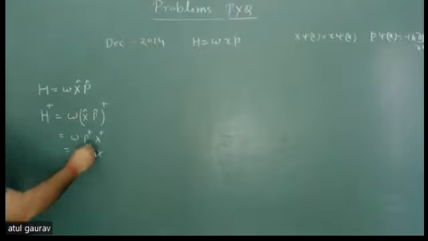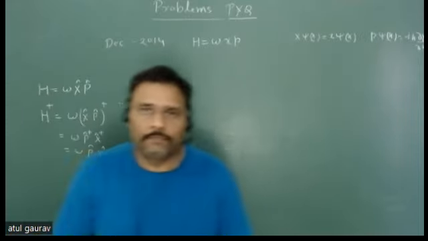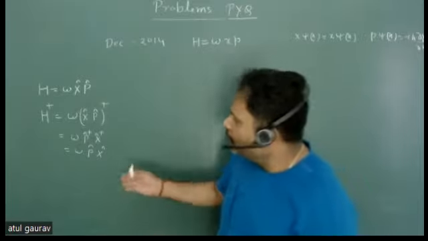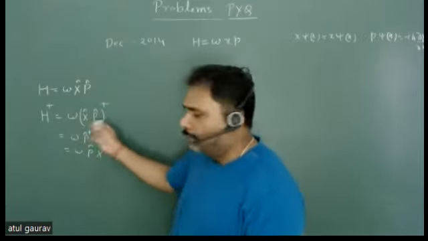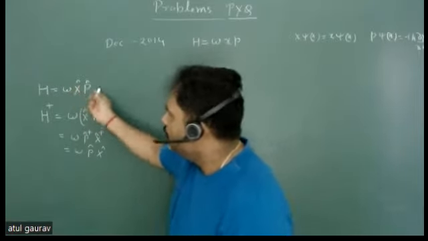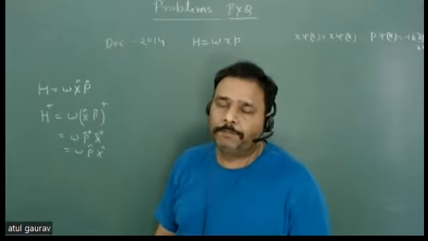But the most important part is that xp is not equal to px. So this is a real problem. You cannot write this directly with x here and p here, because this Hamiltonian is itself not Hermitian in nature.